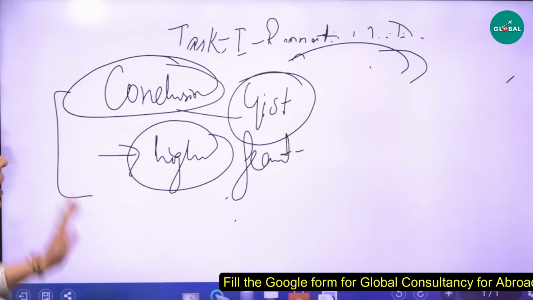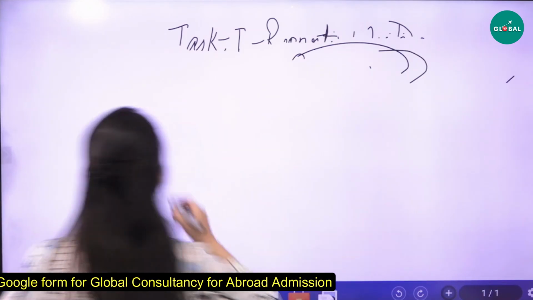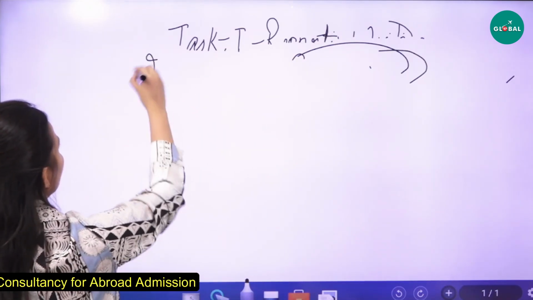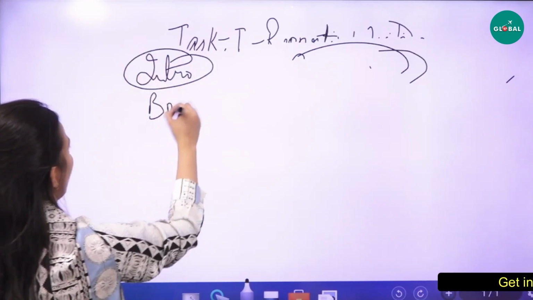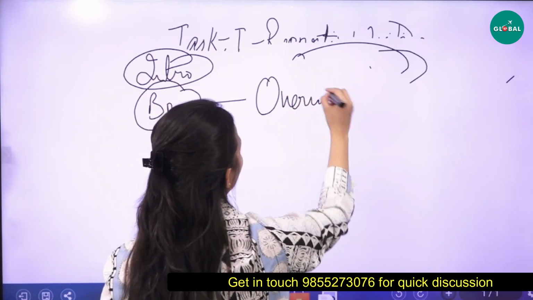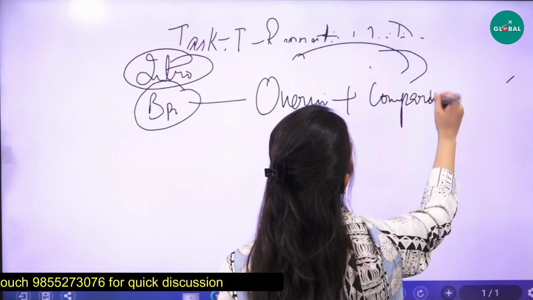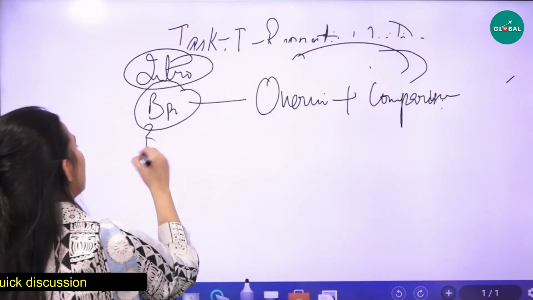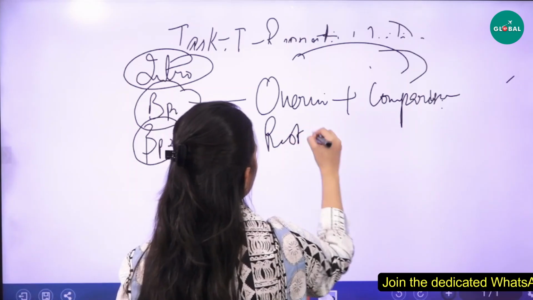That's all. Now let me tell you guys, just revise once again. This is the introduction. Body para 1, which includes overview plus comparisons. Then it comes to body para 2, rest of the comparisons.